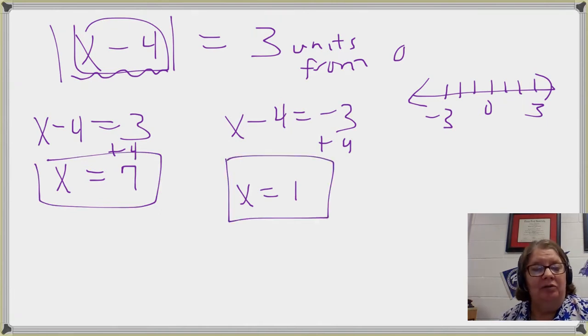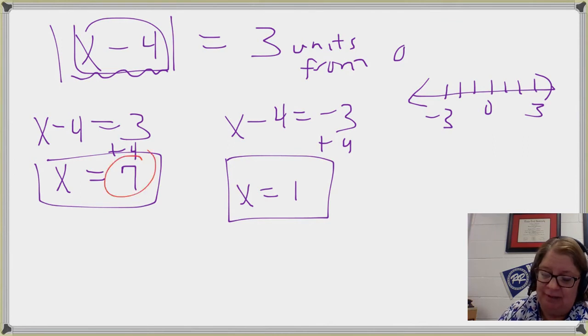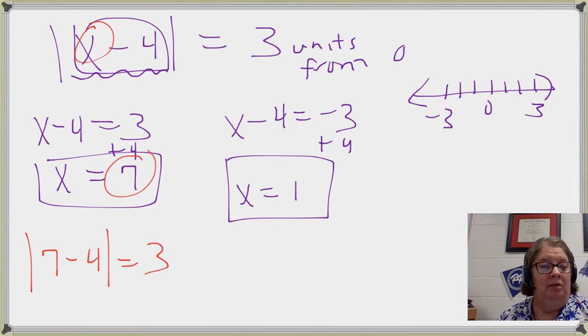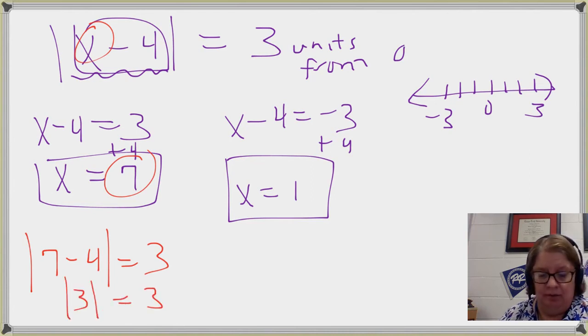So these two values, x equals 7 and x equals 1, give us an absolute value of 3. Let's check it. If I plug 7 back in here, what is 7 minus 4? 7 minus 4 is 3. What's the absolute value of 3? It's 3, so that one works. What about this one?